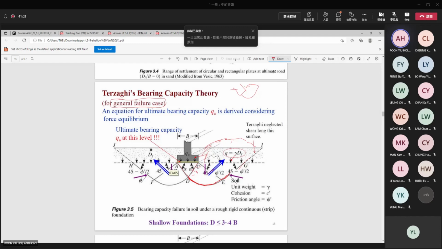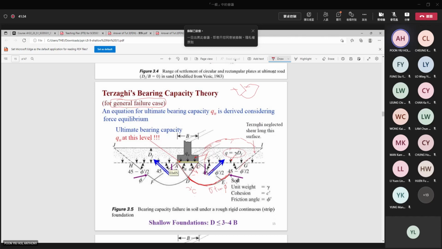And when the soil fails along here, you have two components, one is cohesion, another is friction, because the shear strength has two components, so you will expect the formula to include the cohesion and also the friction.